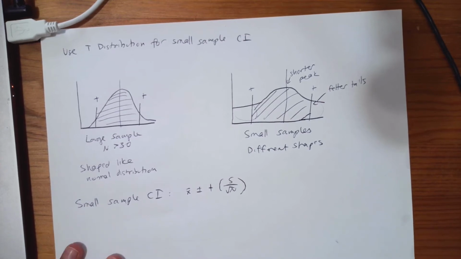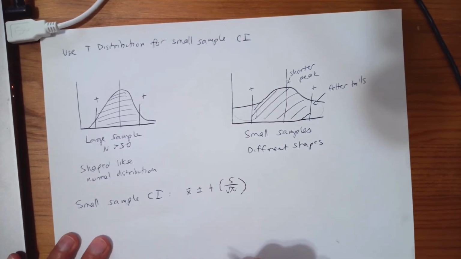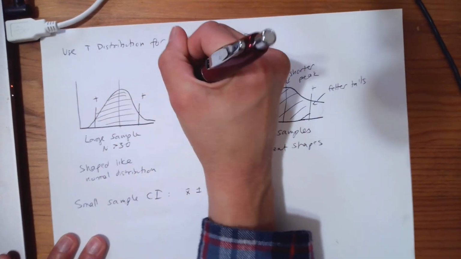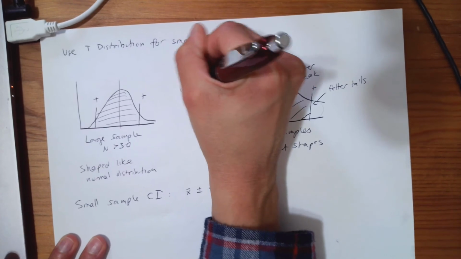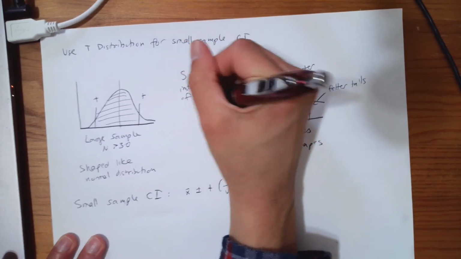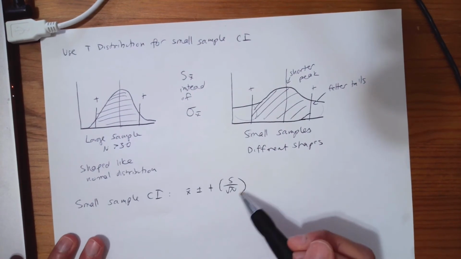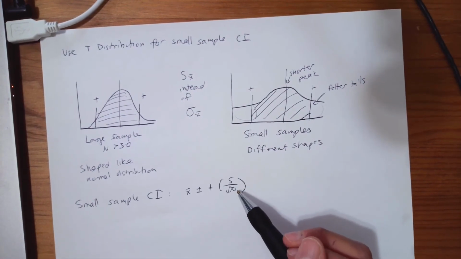One other thing to note about t-distributions is that we will always talk about estimated standard error rather than standard error when we're looking at t-distributions. So we'll always skip right to this estimated standard error part if we're talking about t-distributions.